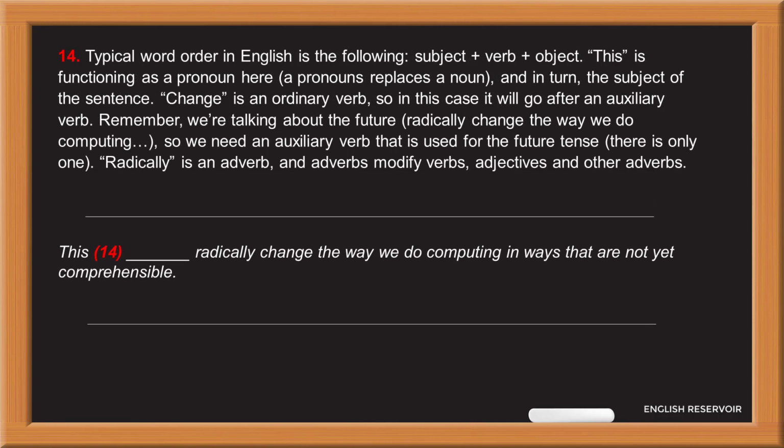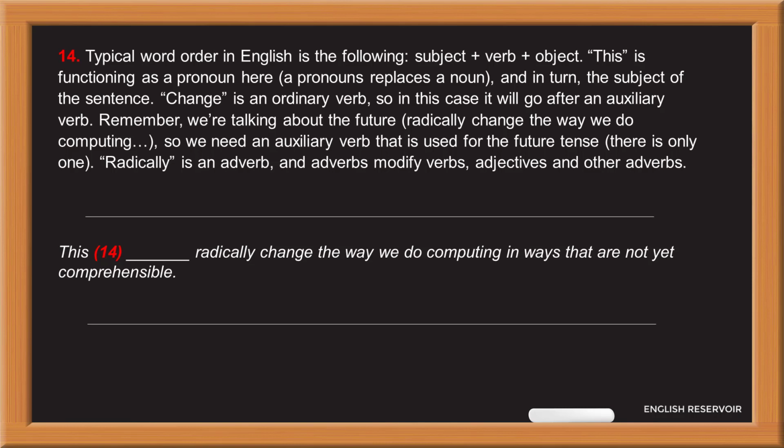14. Typical word order in English is the following: subject plus verb plus object. This is functioning as a pronoun here. A pronoun replaces a noun, and in turn, the subject of the sentence. Change is an ordinary verb, so in this case, it will go after an auxiliary verb.